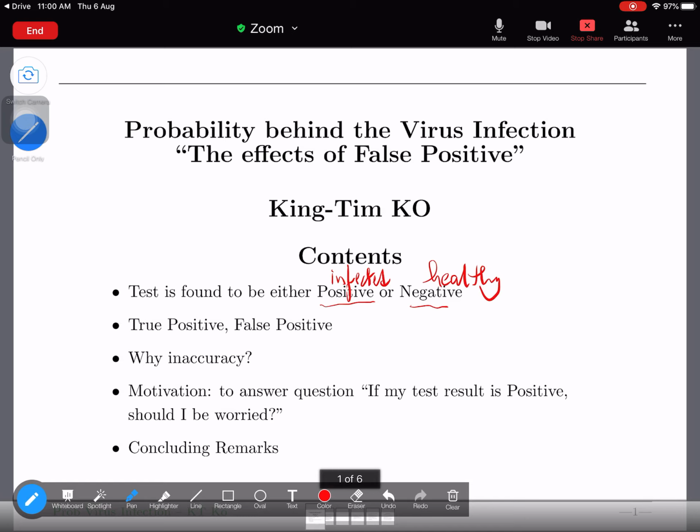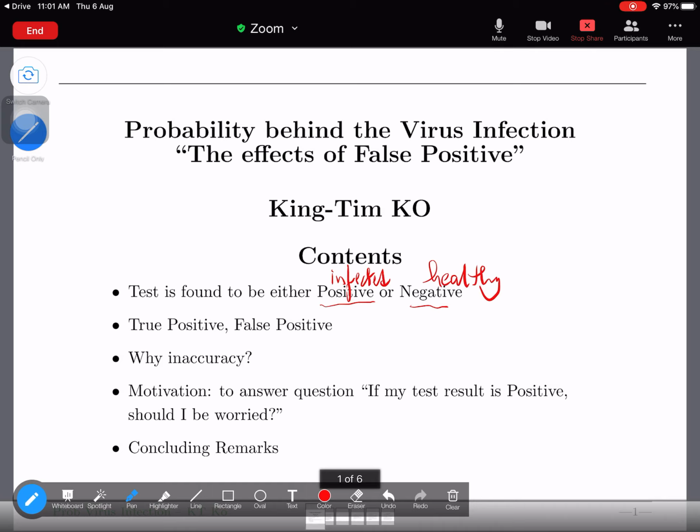If the accuracy of the test is 100%, then that's it: you're either infected, or negative, which means you're healthy. But unfortunately, we have test accuracy of less than 100%.